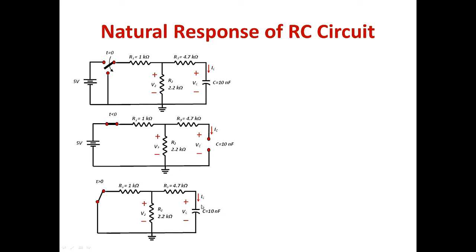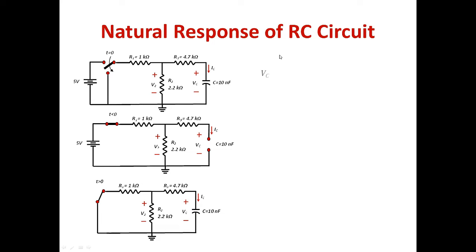Now, this stored energy that is initially stored at t equals 0, when the switch becomes a short circuit, will force the stored energy to be dissipated through those resistors. So whatever stored energy we have here is going to be dissipated through the equivalent resistance across the capacitor. That means that the charges will move back into the circuit, and the voltage across the capacitor will exponentially decay.